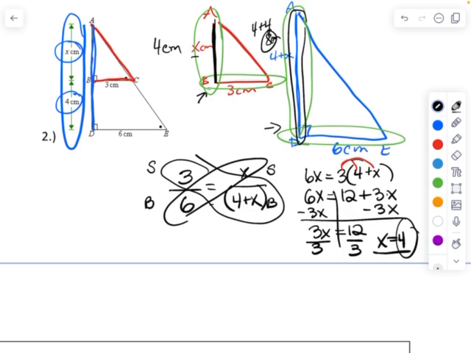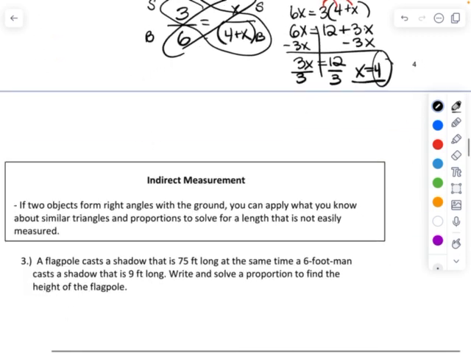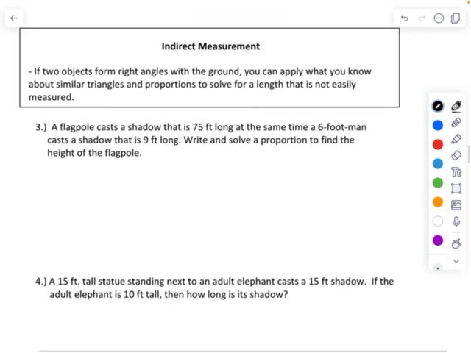That's using similar figures with geometric figures, right? Like geometry figures, trapezoids, triangles. We'll see more triangles here when we move to the next section. But we're applying this idea of proportions now to real life objects. So indirect measurements, okay? Indirect, meaning not direct measurement.